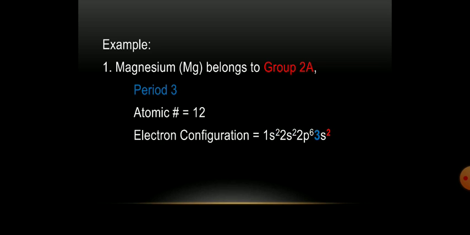Now if we take an example of magnesium, which belongs to group 2A period 3, you will notice the atomic number of magnesium is 12. So if you look at the electronic configuration, you will get 1s2, 2s2, 2p6 and 3s2.